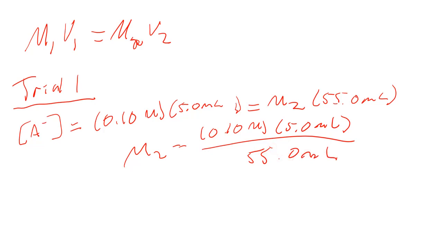So put this into your calculator. We have 0.10 molar times 5 milliliters divided by 55, and we are rounding to two significant figures.